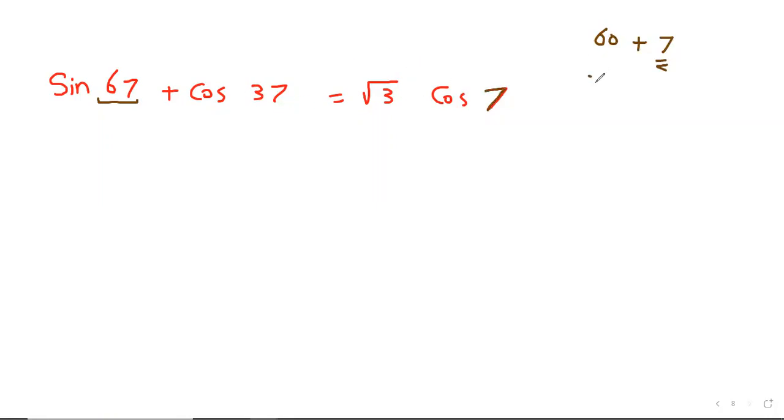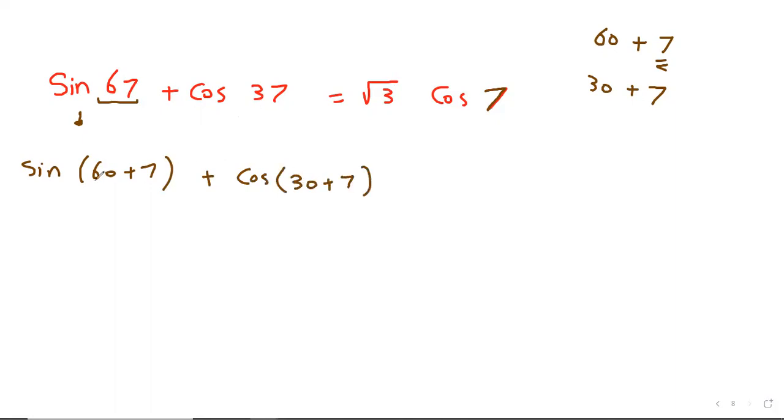And 37 can be written as 30 plus 7. So just write instead of 67, 60 plus 7, plus cosine of 30 plus 7. Then apply the rules we have learned.